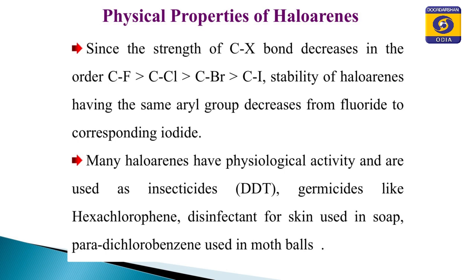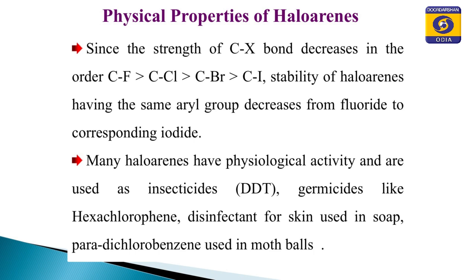The strength of the carbon halogen bond decreases in the order: the carbon fluorine bond is stronger than the carbon chlorine, carbon bromine and carbon iodine bonds. So the stability of haloarenes having the same aryl group decreases from fluoride to the corresponding iodide. Which one will be more stable? The fluoroarenes are more stable, and as the bond strength decreases, the stability of haloarenes decreases.